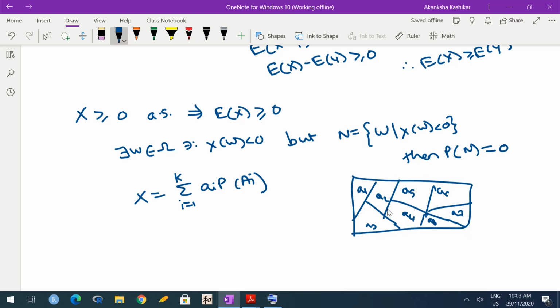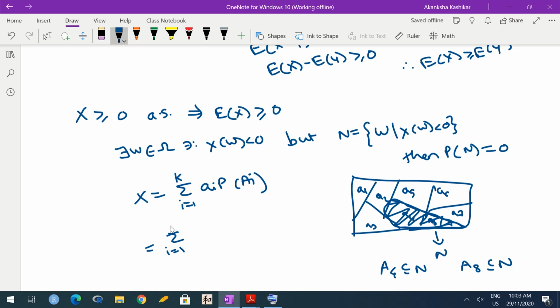Let us suppose that a4 and a8 are negative. So these would actually become my N, because N is the collection of all those omegas for which X of omega is negative, and we know that probability of N is 0. So A4, which is a subset of N, would also have probability 0, and A8, which is a subset of N, would also have probability 0.